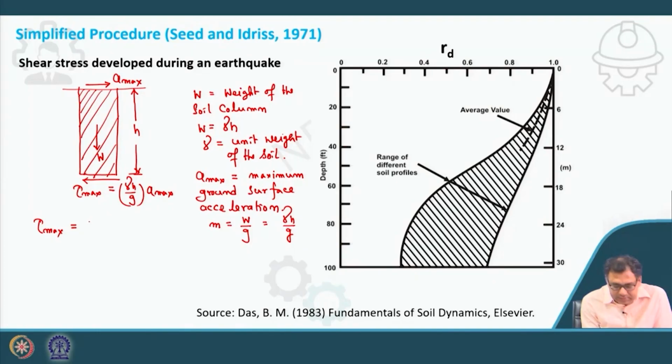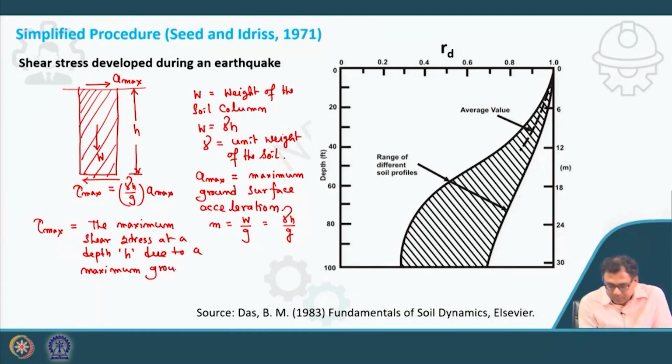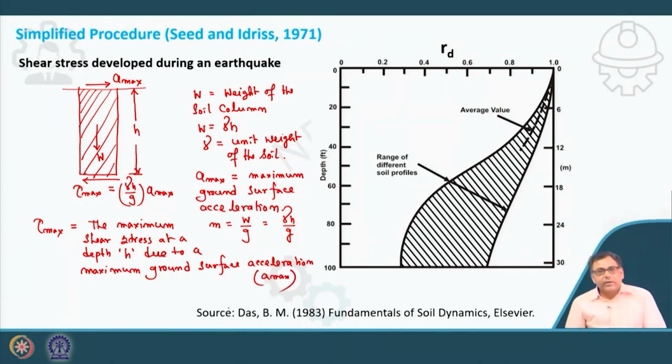So that means tau max is the maximum shear stress at a depth H due to a maximum acceleration at the ground surface, which is Amax. Clear?